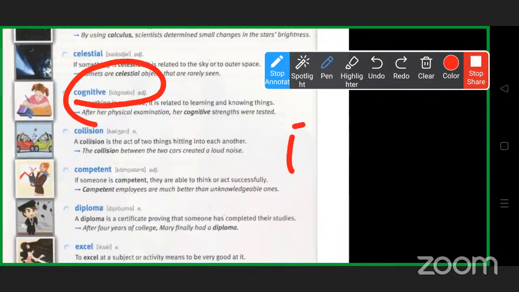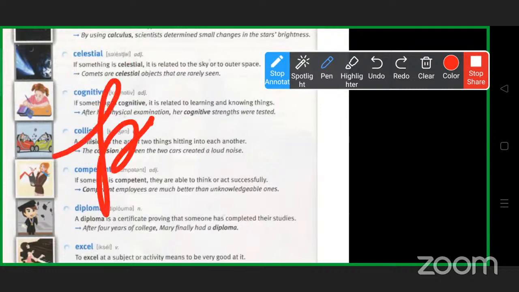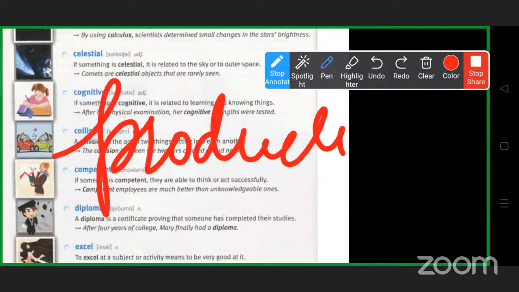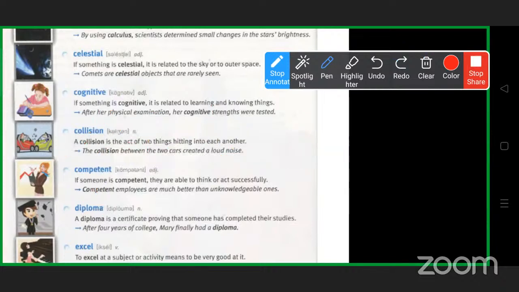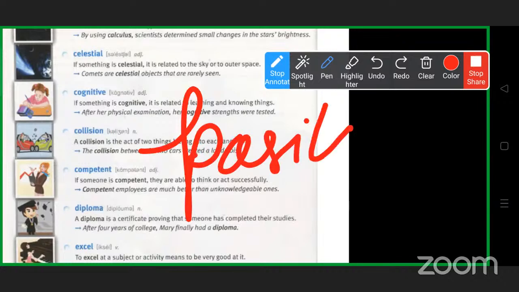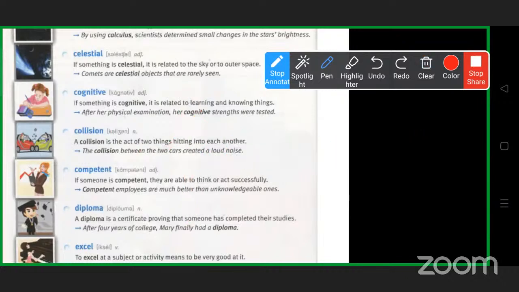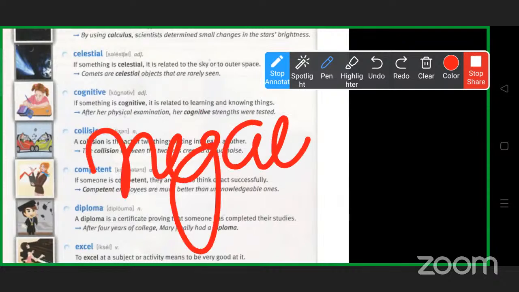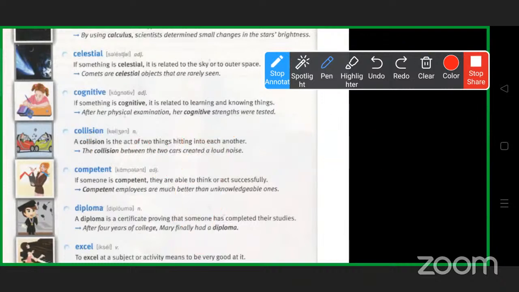Any word ending with ive, like productive, is also an adjective. Or if I say positive, the opposite of positive would be negative.